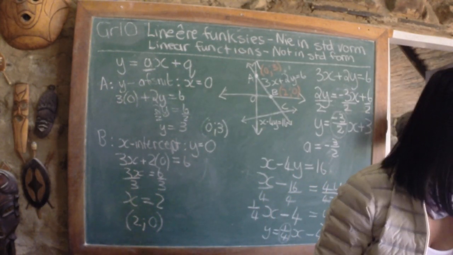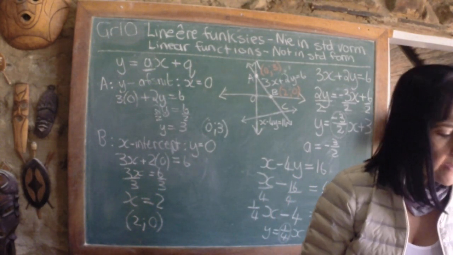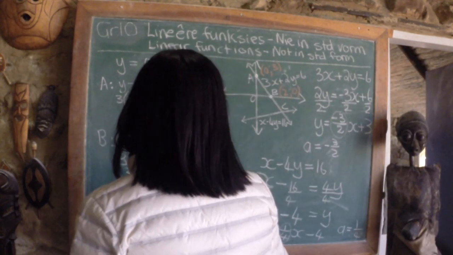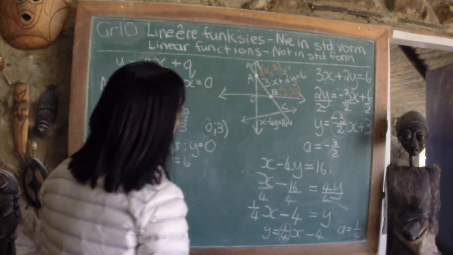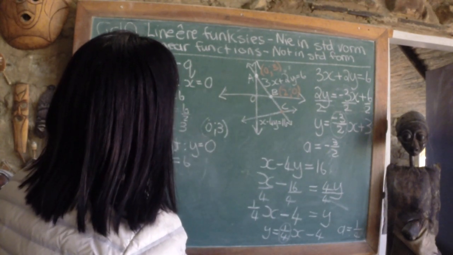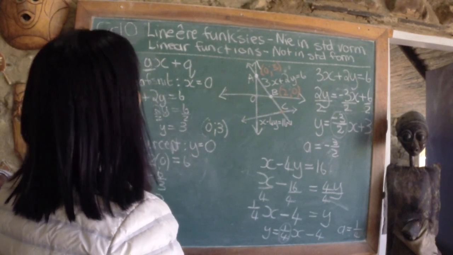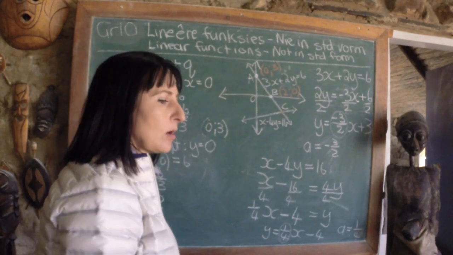Kom ons gaan kyk dan na die koördinate van C. Coordinates of C, that's the point of intersection. Kom ons gaan kyk, waar sny hierdie twee lyne mekaar?